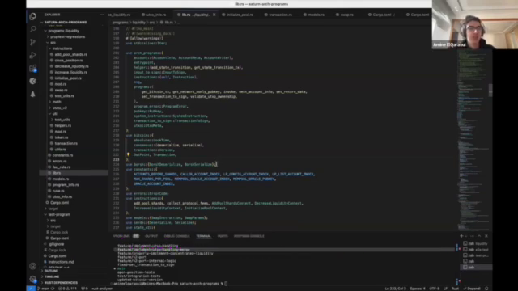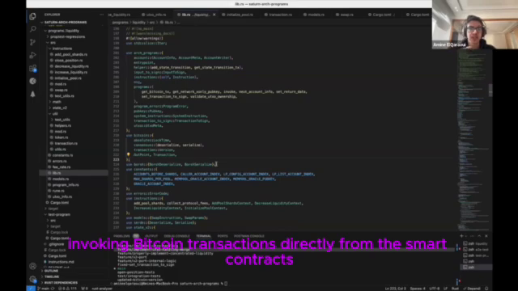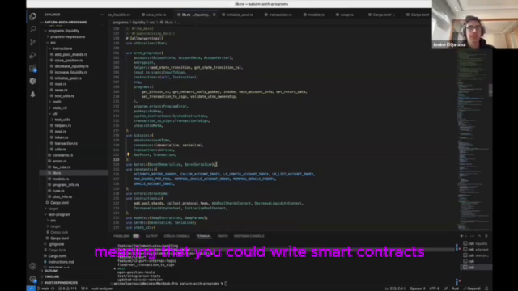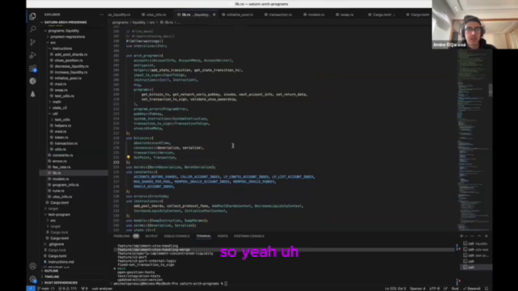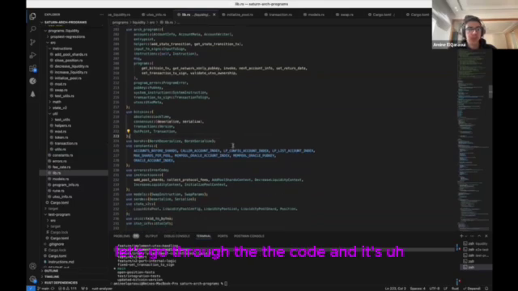Arch could be used as an L2, but the main unlock here is that you're invoking Bitcoin transactions directly from the smart contract, meaning that you could write smart contracts directly on Bitcoin now. Okay, so let's go through the code, and that will be more clear as we go.